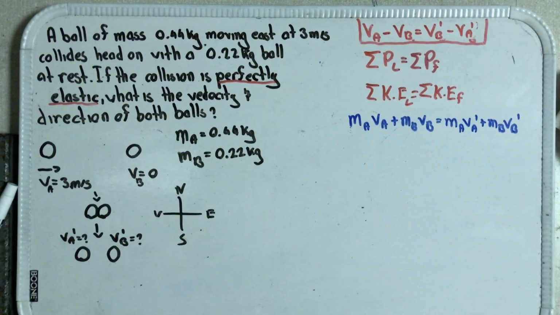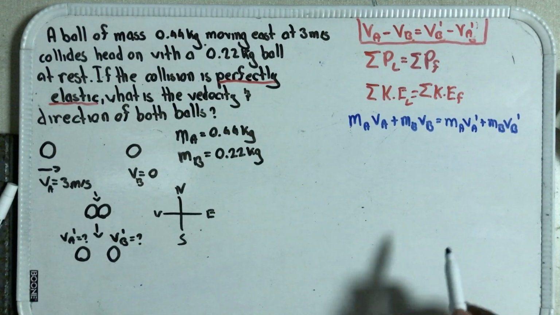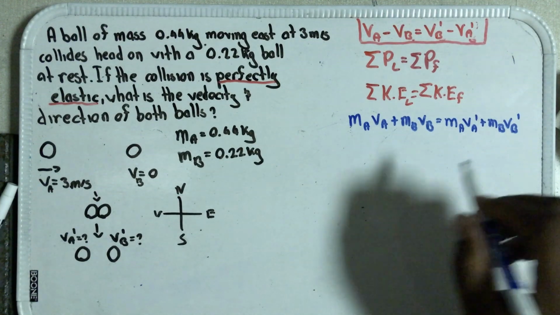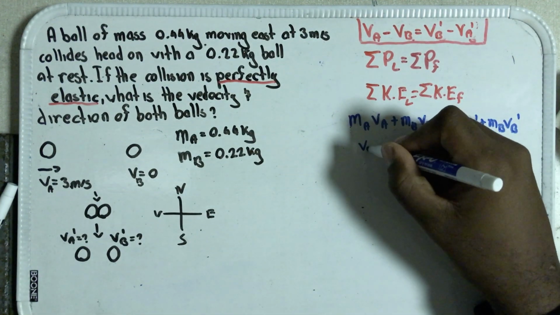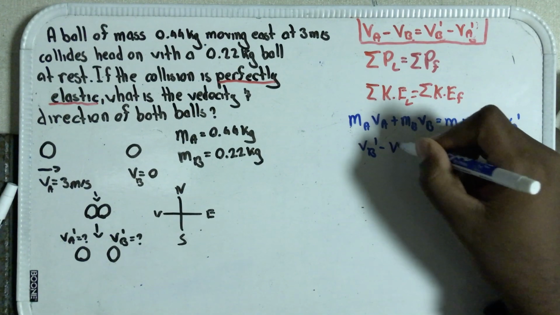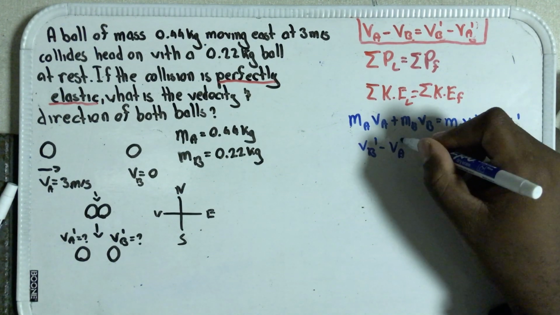If you have two unknowns, you need two equations to solve. If you have three unknowns, you need three equations. However many unknowns you have, that's how many equations you need to solve your system. So this comes in really handy because it relates the final velocities to the initial velocities.